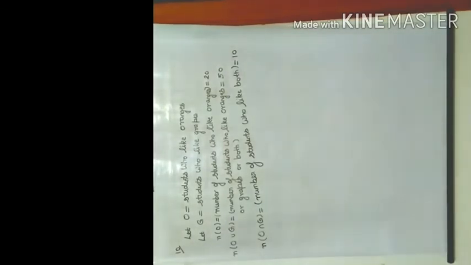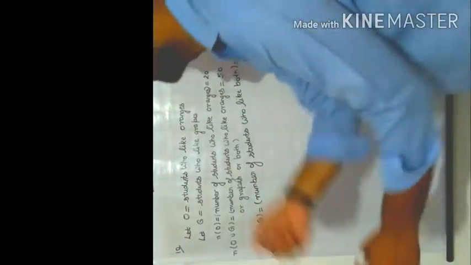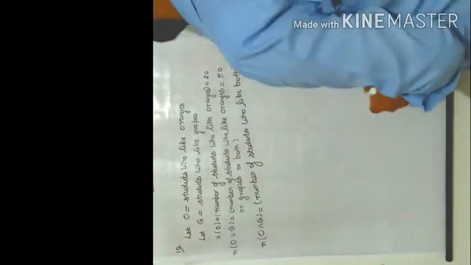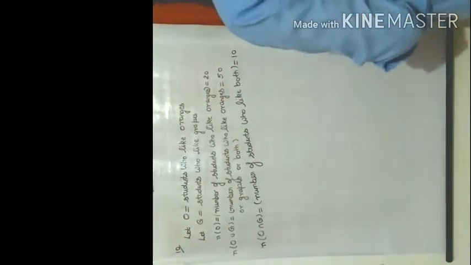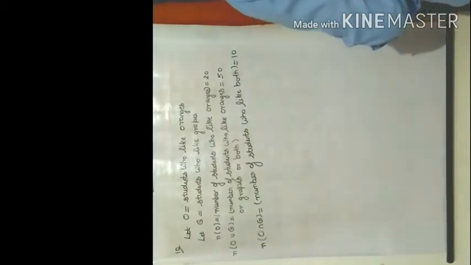See, they are saying grapes. Grapes means N of G. And third, they are saying only grapes. So if you have noted the things properly, you can find out. Again, we are having some relationships. First, to draw Venn diagrams and represent things.